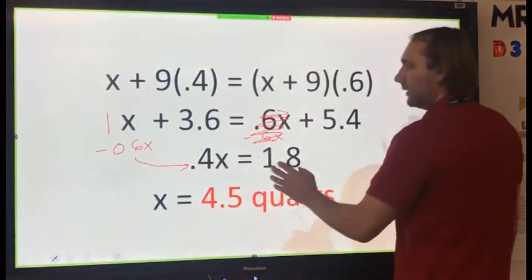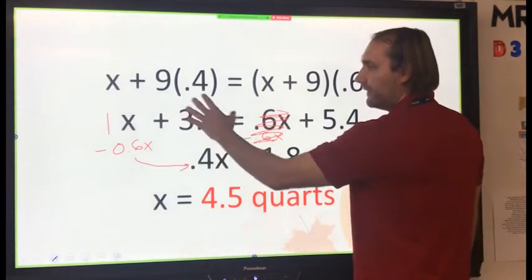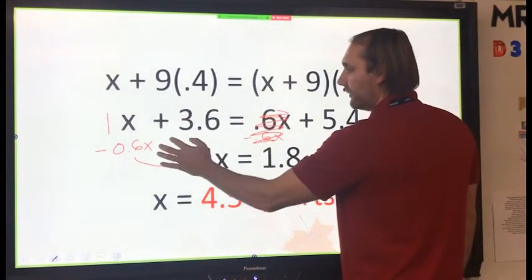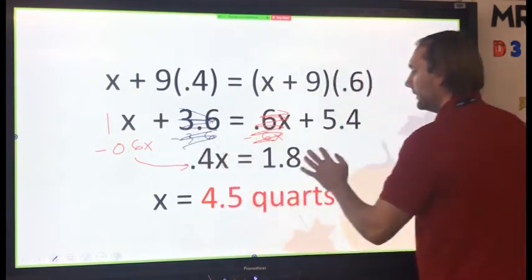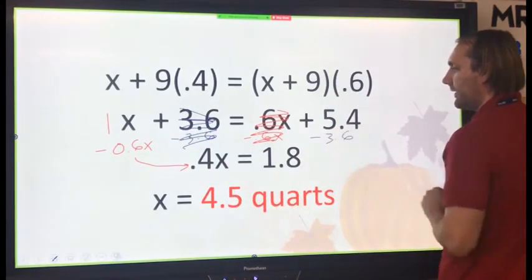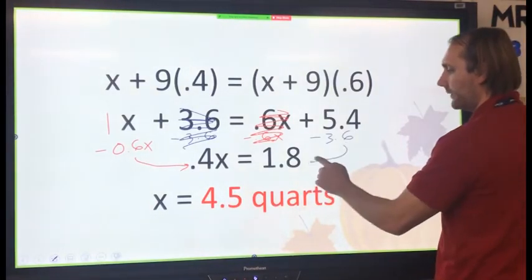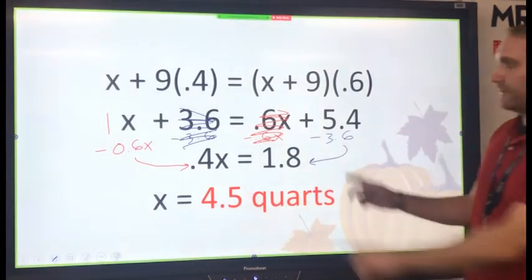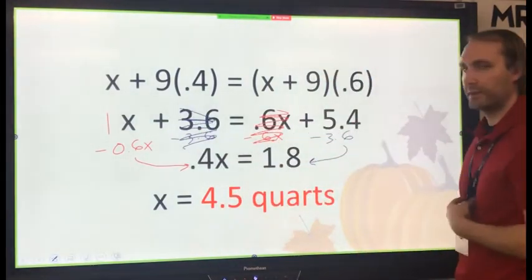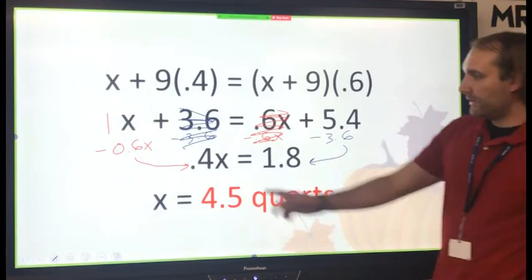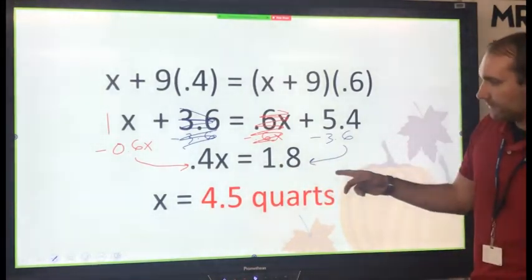Now this x is by itself, but I still have this 3.6, so let me subtract 3.6 on that side, which gives me 1.8. So that gives me 0.4x equals 1.8.